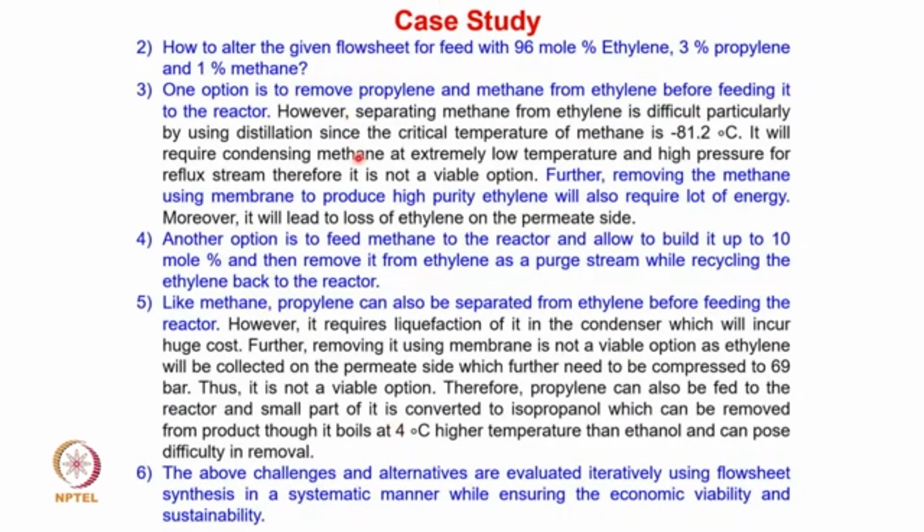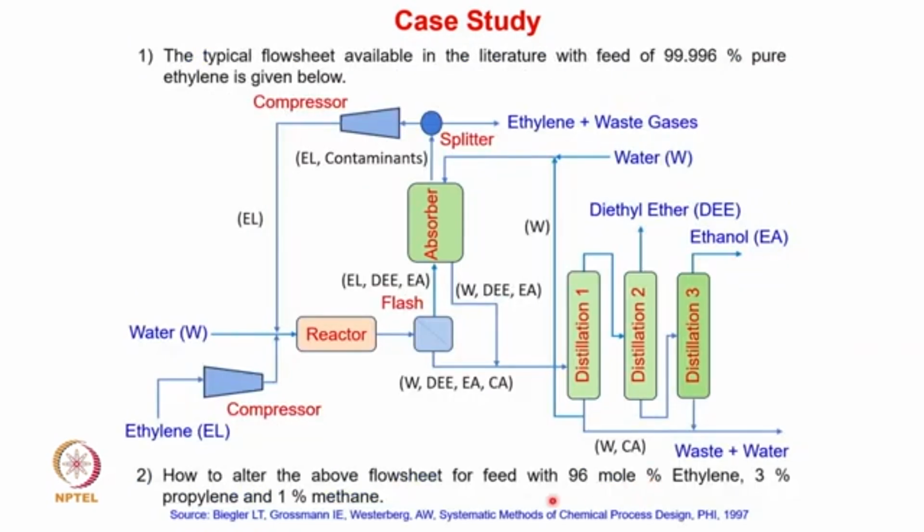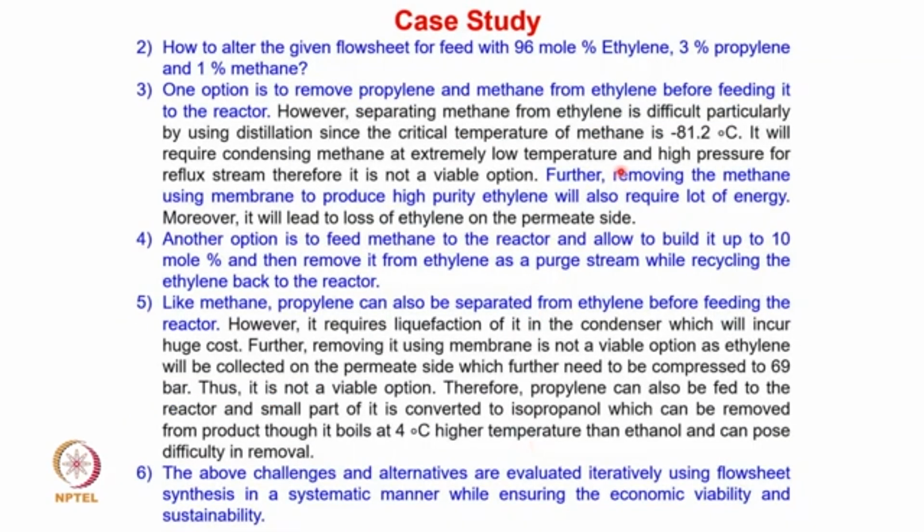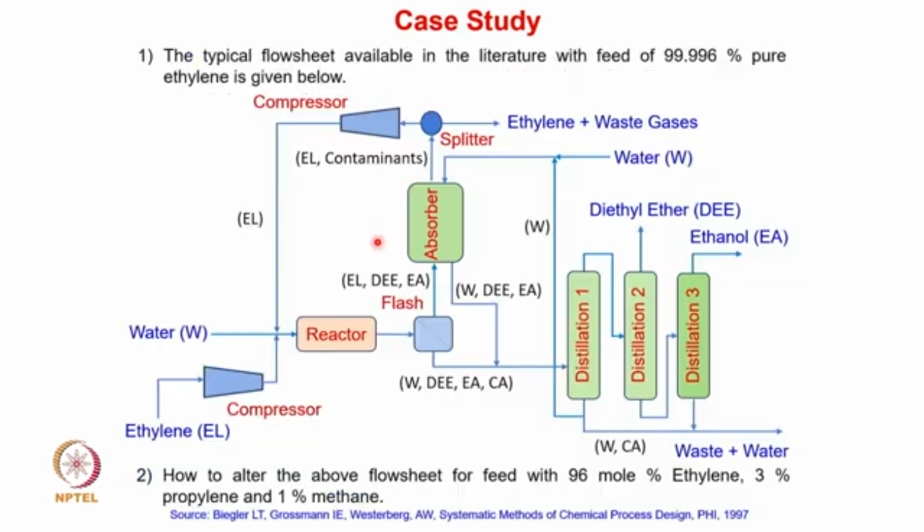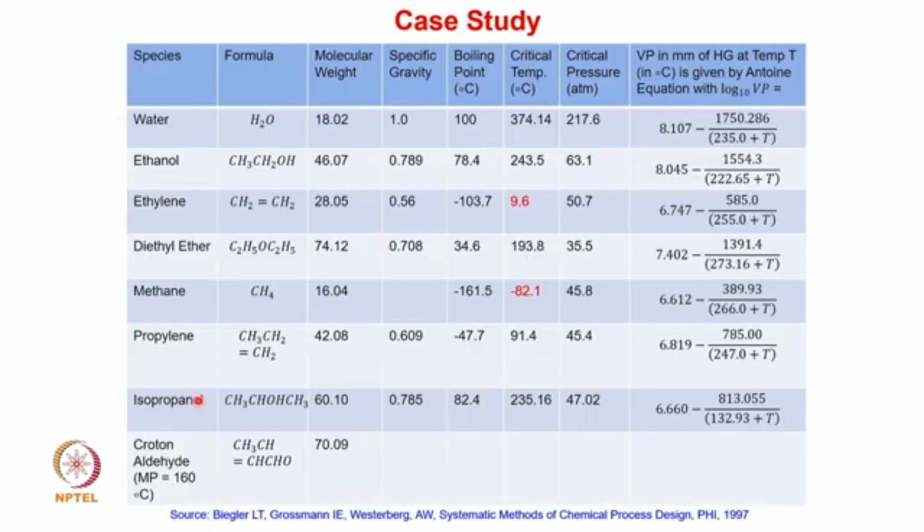So in this option, however, if you wanted to separate, let's say, methane and ethylene. So remember, the feed available in the plant has 96% ethylene and 1% methane. So if you wanted to separate this methane from this ethylene, if you look at the boiling point of the methane, if you look at this particular table, the methane has a boiling point of minus 161.5 and the critical temperature of minus 82.1.